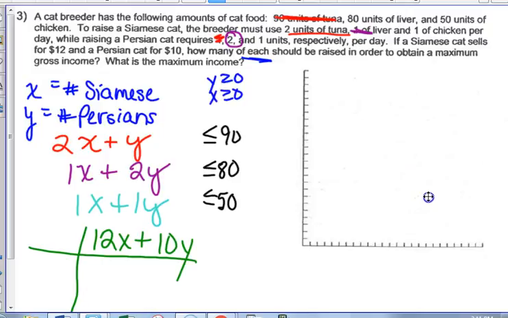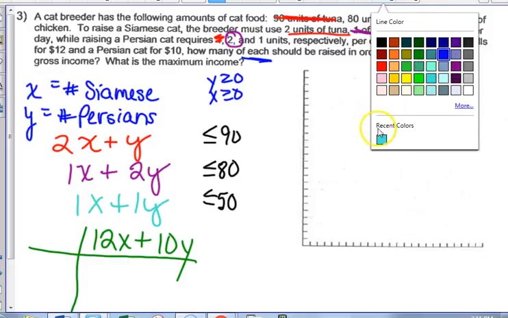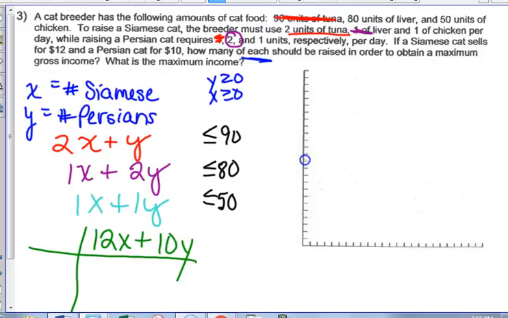Okay. So we're in the first quadrant. Which line do you want to start by graphing? Let's do x plus y is less than or equal to 50. Yeah, I kind of like that one. Okay. So I'm going to go about halfway up and halfway out and call it 50-50. Does that sound okay? Makes sense. 0, 50, 50, 0. Now what?